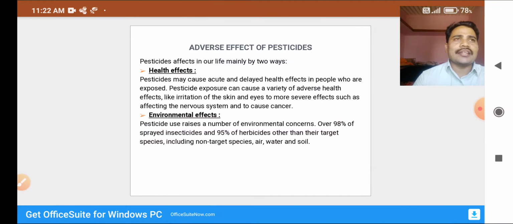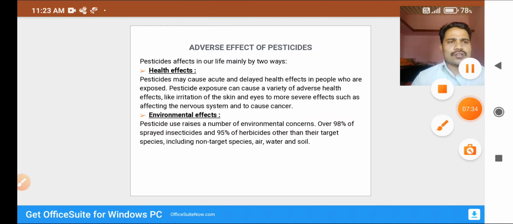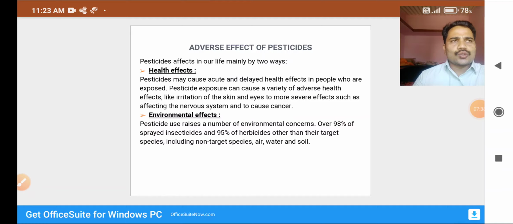These are the main pillars of the environment, and they are mainly affected by pesticides. These are the commonly caused effects of pesticides.